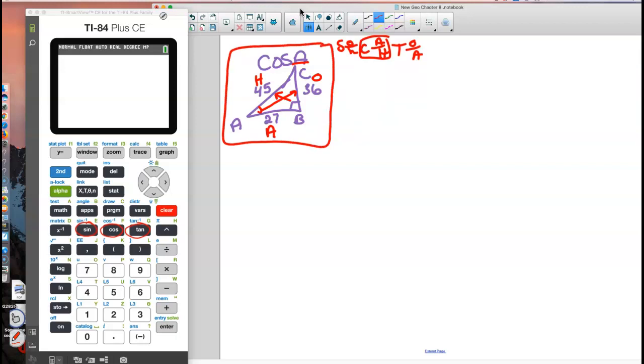But cosine is adjacent to B, which I've labeled as the 27, over the hypotenuse, which is 45. I need to reduce that either in my head by dividing out a 9, or on my calculator, which will divide out a 9. I get 3/5, which means I'm going to shade in over here where it says 3/5. And it's going to take me to the next question, which would be to the right.